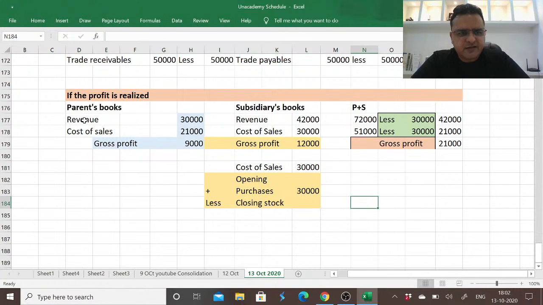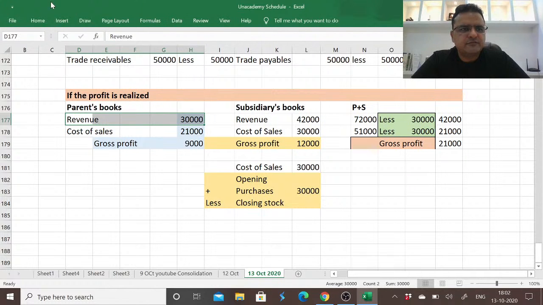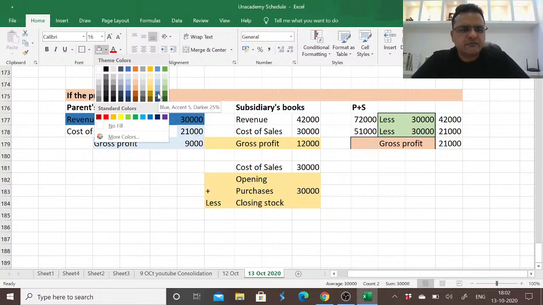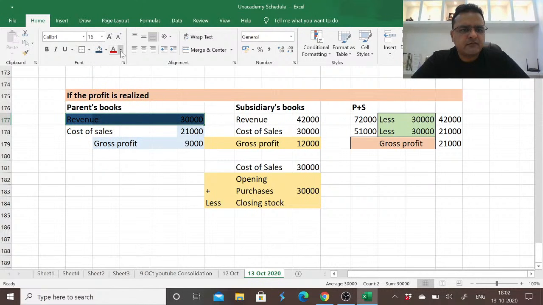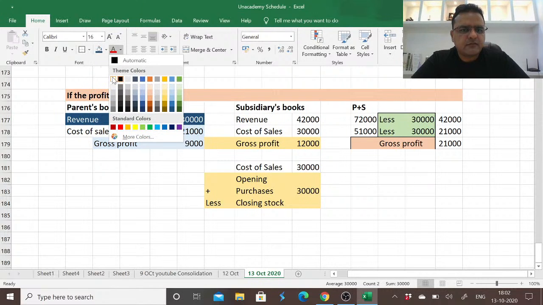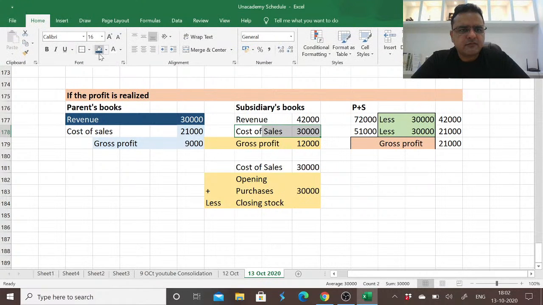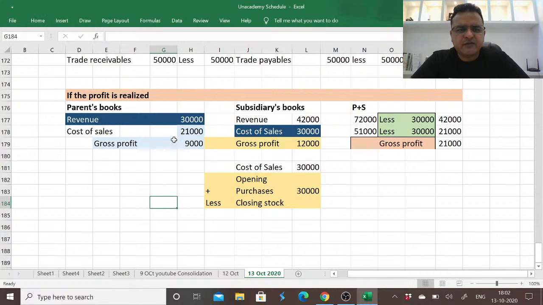So if you notice here, this revenue of 30,000 gets cancelled with this cost of sales of 30,000. Indirectly, the revenue earned by the group is that 21,000 worth of goods were sold for 42, so they earned a profit of 21,000.